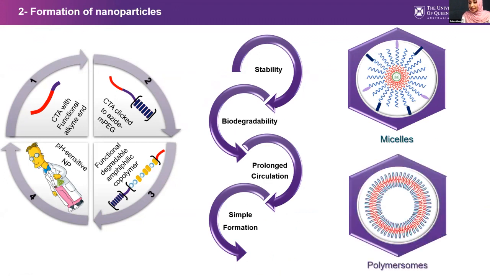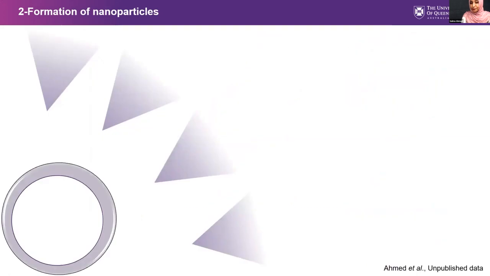Another good candidate is polymersomes. Polymersomes are the polymeric equivalents of liposomes, which means that similar to micelles, they can encapsulate hydrophobic drugs, but also they can encapsulate hydrophilic drugs within the aqueous core of the polymersomes. And similar to micelles, they can be decorated with targeting ligands and imaging probes.